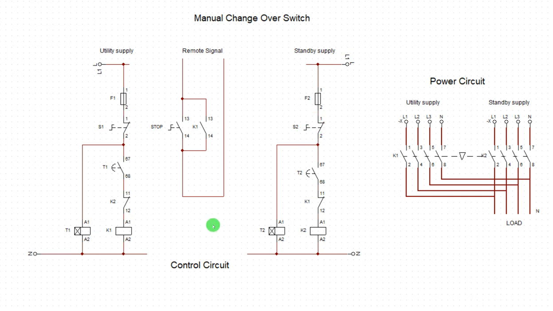So for the purpose of simulation, I'm going to swap this again and keep it here. Then I will get a normally open type and keep it here.